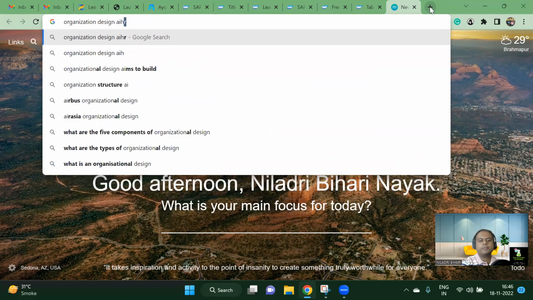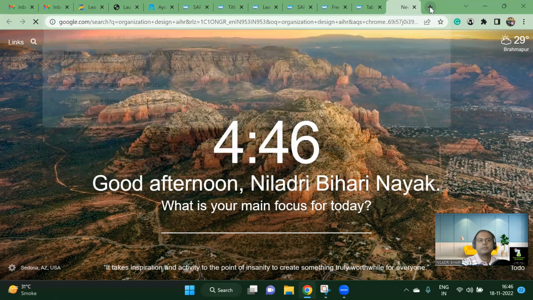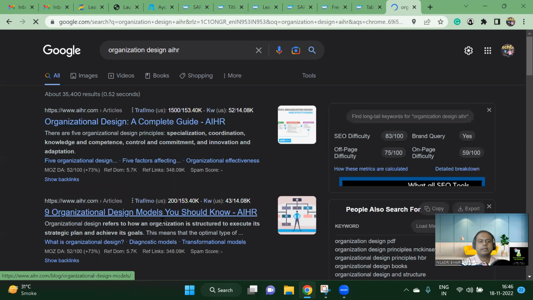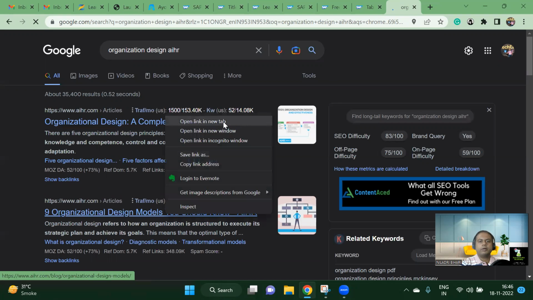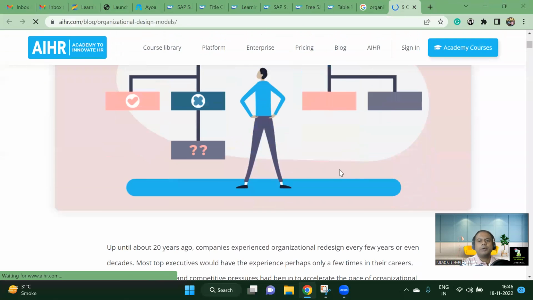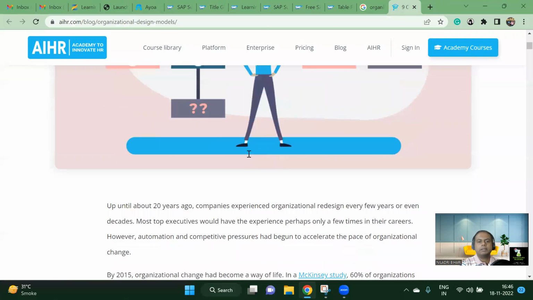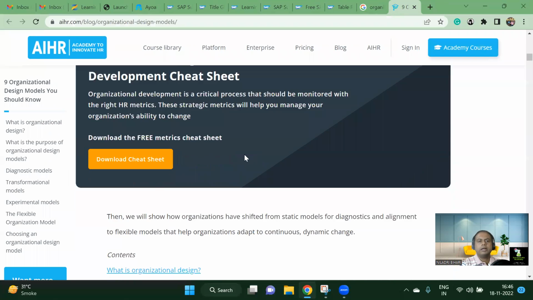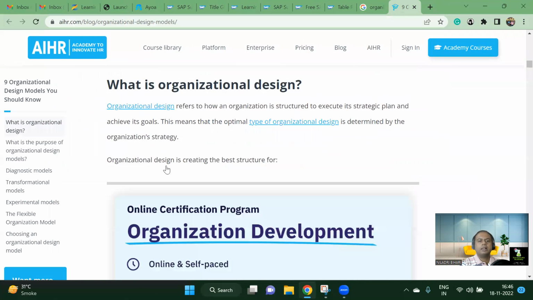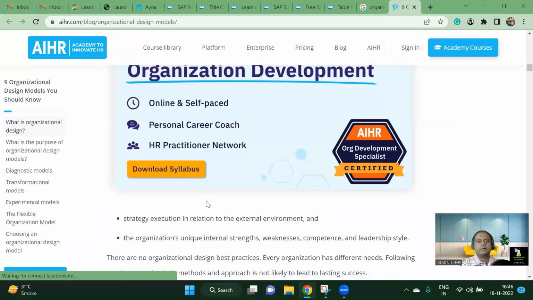I follow AIHR, where you'll find a complete guide to certification, with basic models for the different organization designs. Even if you are not an expert, you should at least understand what a typical org structure is, what org design is, and what models are available, because this comes from a business angle.